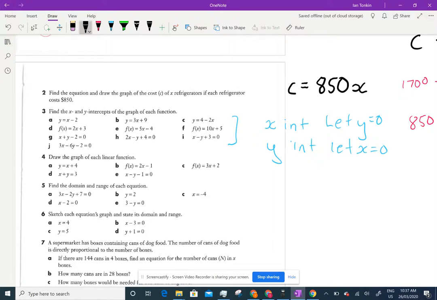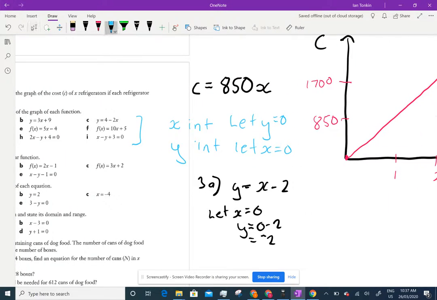So the first one, here's question 3a, and I've got y equals x minus 2. Well, usually if I let x equal 0, well then y equals 0 minus 2, or negative 2.